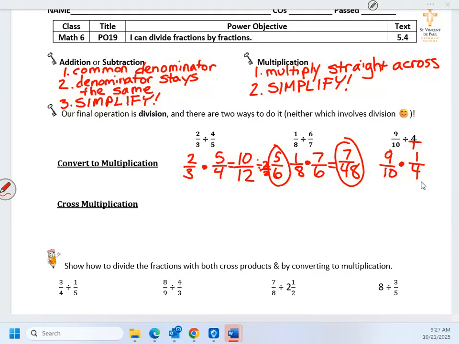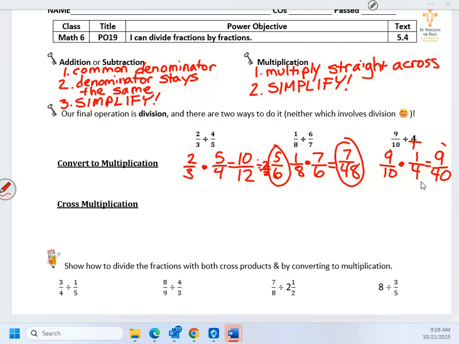Now what do I do? Math. 9 times 1 is 9, 10 times 4 is 40. Now what? Jack, simplify. What can I divide out of it, Jack? 9. Can I divide 40 by 9? No, I can divide 40 by 8, but not by 9.